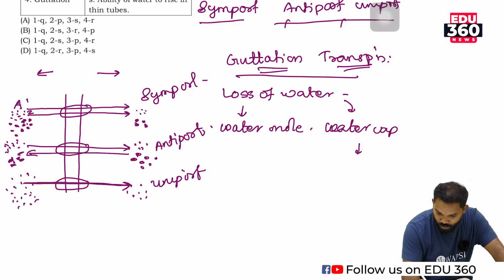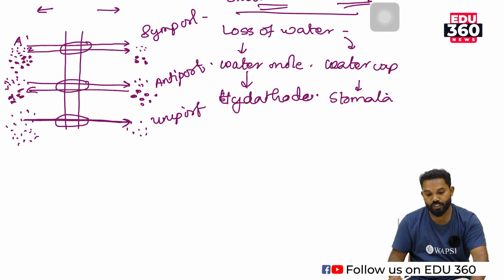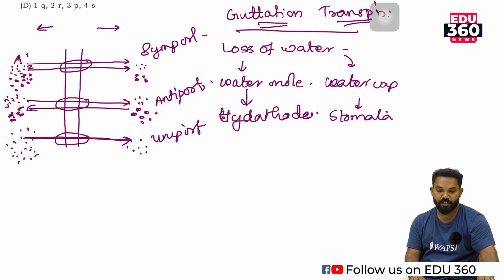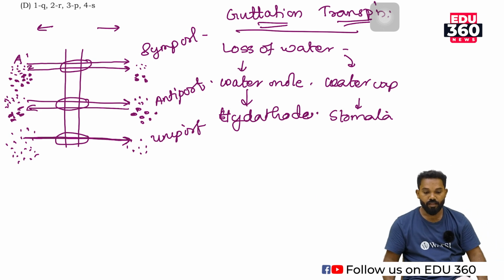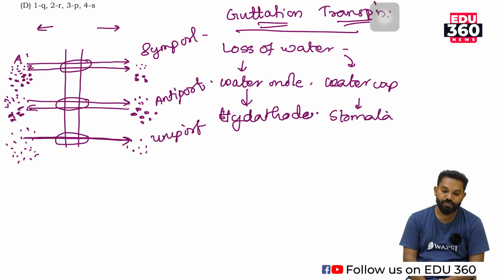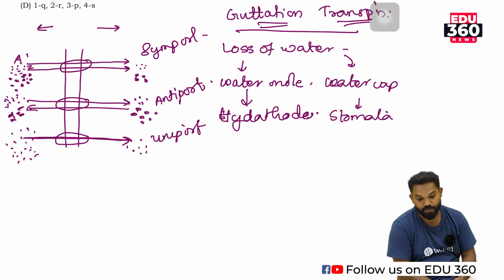Transpiration occurs through stomata, while guttation occurs through the hydatodes, which are stomata-like openings.